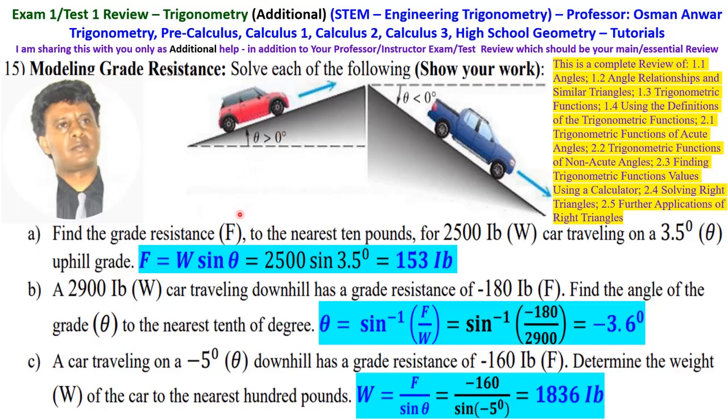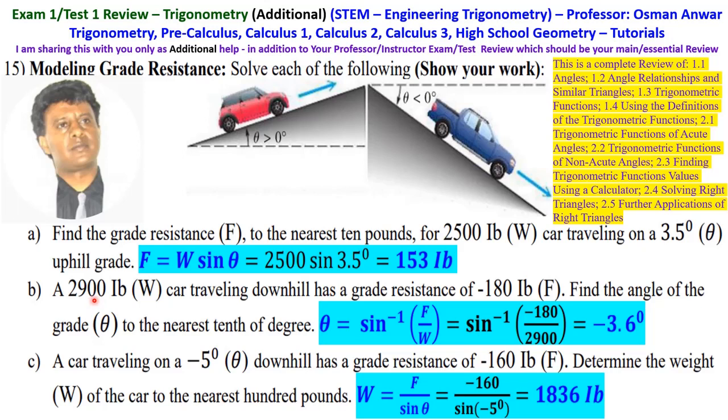So that is F equals W sine theta. W is 2,500 pound. Then sine 3.5 equals 153 pound. This is the grade resistance force that is keeping this vehicle from sliding down.